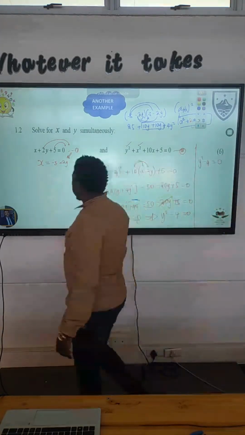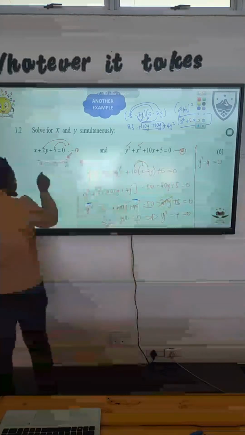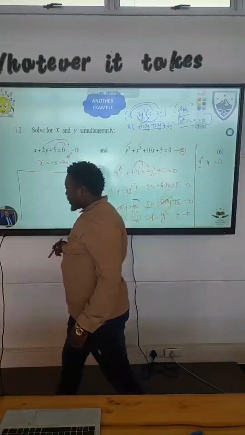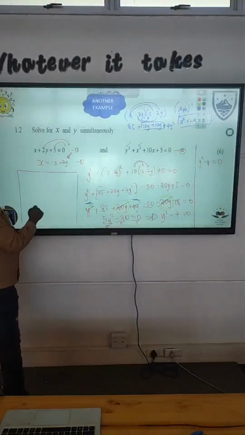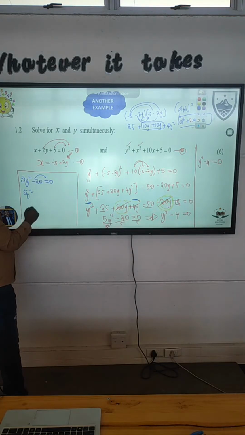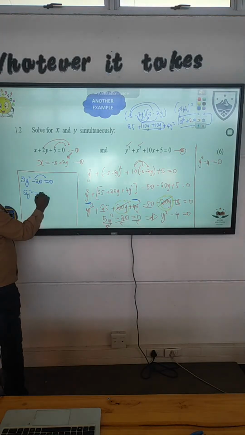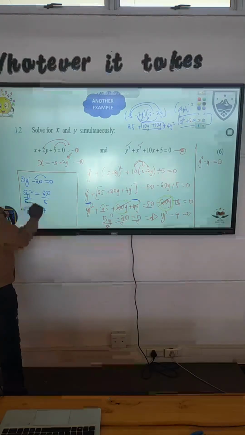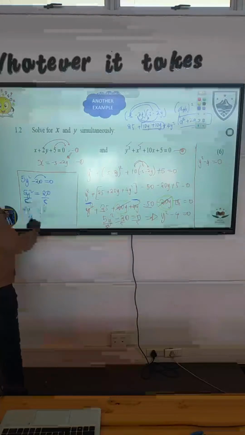I'm doing this on purpose because let's pay attention to this side. Let me just use a different color to show you what is very tempting. This is very tempting for you to say 5y squared minus 20 equals to 0, and say 5y squared, transpose this to the other side, and it actually gives you 20, and you divide both sides by 5, then you have y squared equal to 4, and then you square root both sides, and you say y is equal to 2.